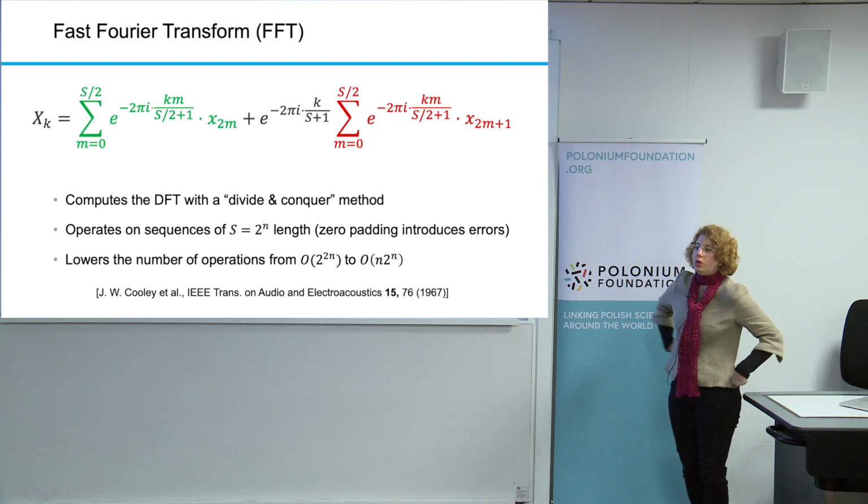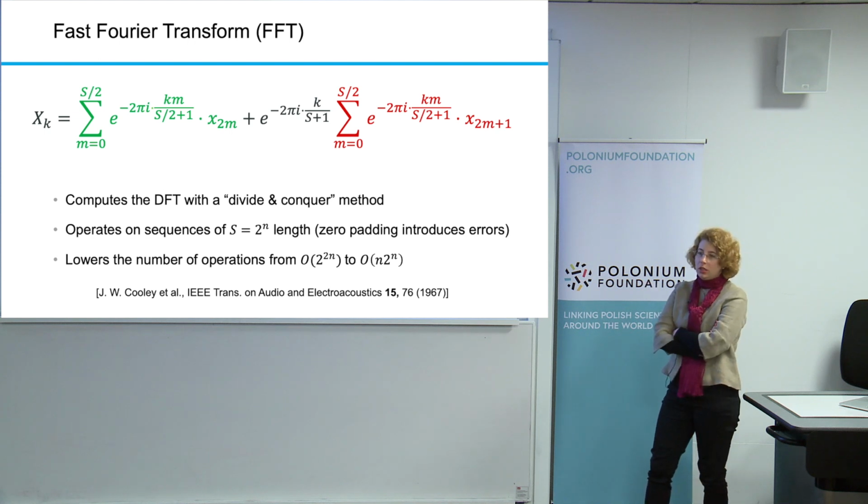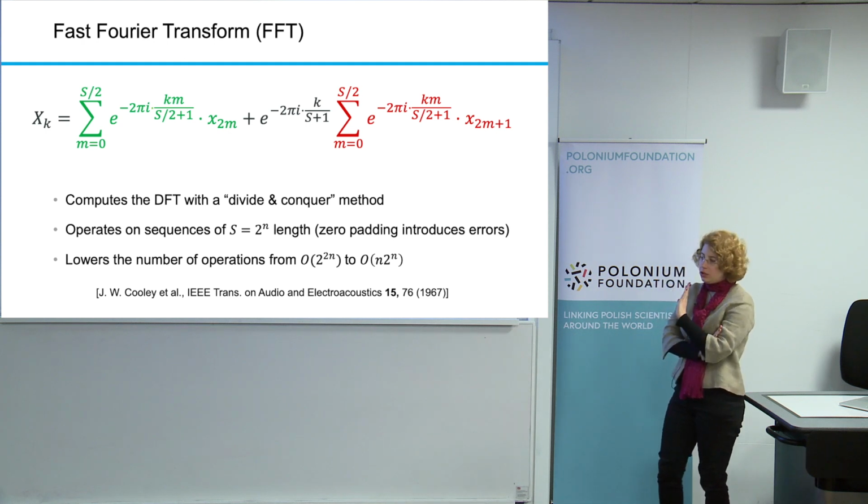So one could not process data of arbitrary length in an accurate way. We always have to take powers of 2 to be able to actually use this algorithm. Often people don't remember about it and just implement it as it is.